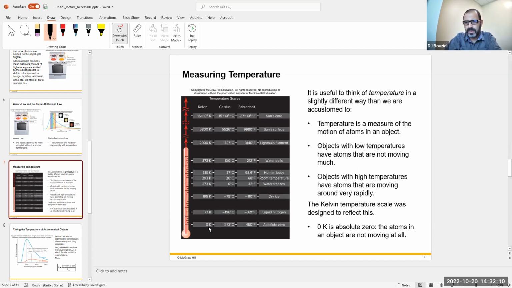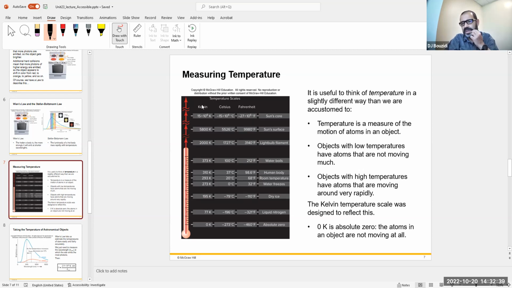You would have to have absolutely nothing in the universe to reach 0 Kelvin. 0 Kelvin corresponds to negative 273 degrees Celsius or negative 460 degrees Fahrenheit. And there is no upper limit to the temperature, okay? The sun is about 15 million Kelvin in its core, which is about 15 million degrees Celsius or 27 million degrees Fahrenheit. That's its core.